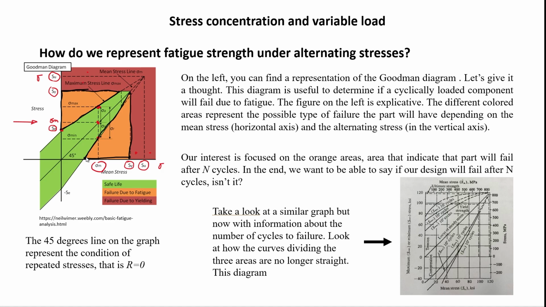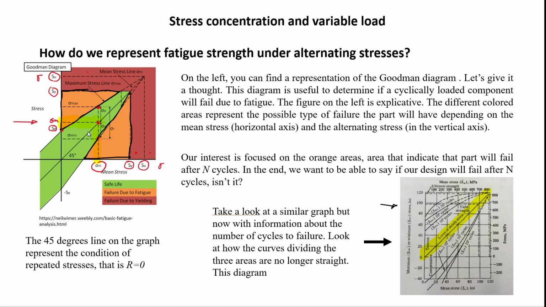The figure we're seeing at the bottom right is the same figure, but now considering the number of cycles to failure. Now you have this line, which is the mean stress of the specimen, equivalent to this line here.